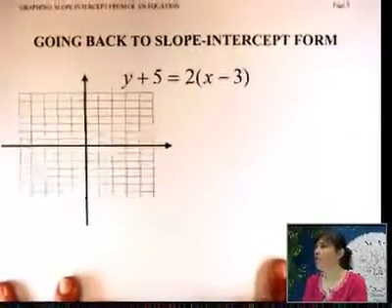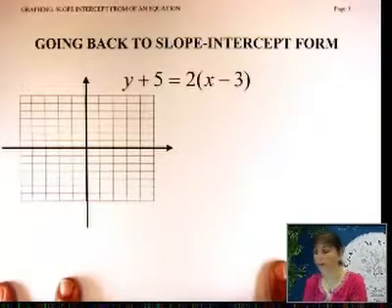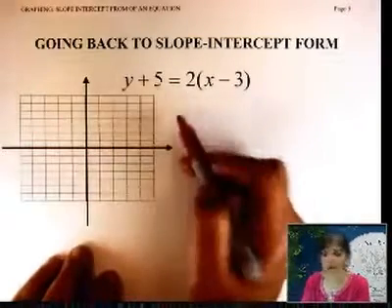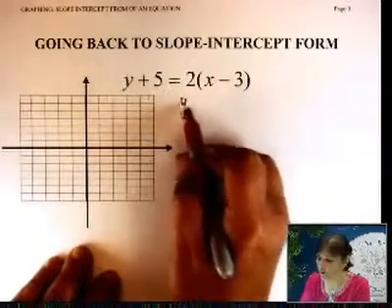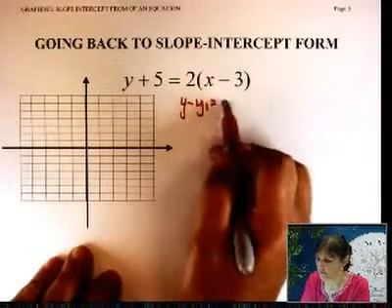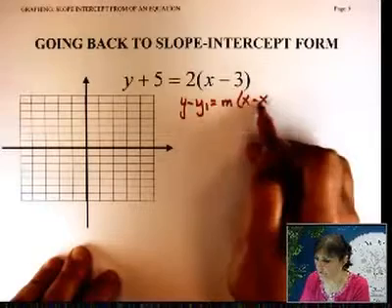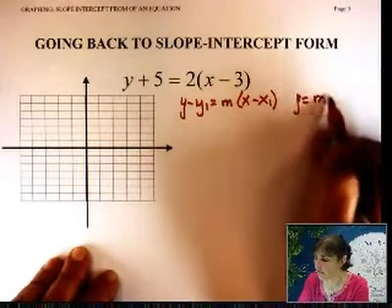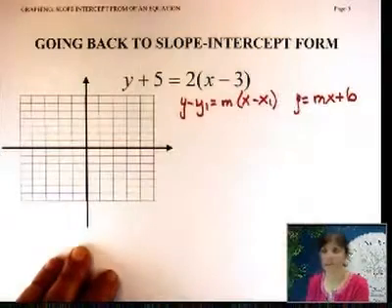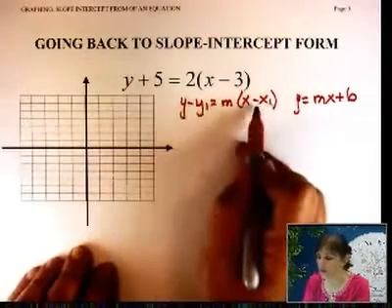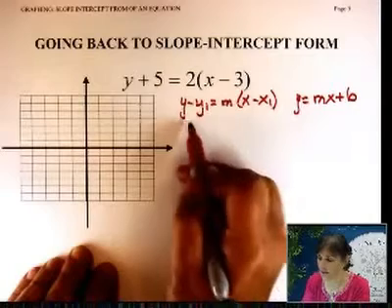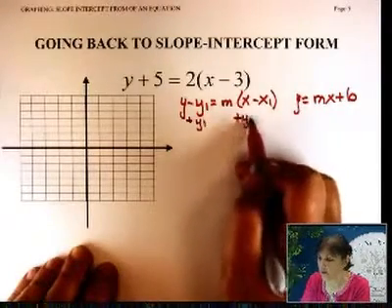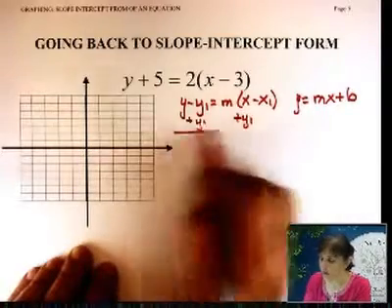Sometimes they may say, okay, well, here's your point-slope form. Go back to the slope-intercept form. So what you need to do, here's my point-slope form. Here's my slope-intercept form. What does that do? Watch. This one has it like that. I'm supposed to put y1 on both sides. And look what happens.